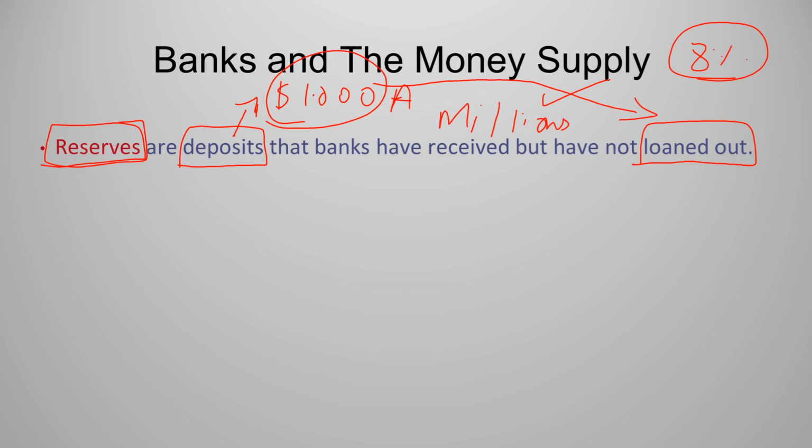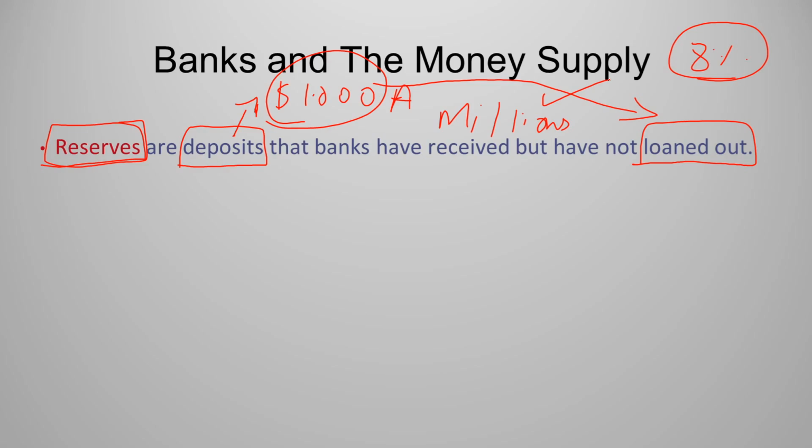But what will happen to the customers? The bank will not have enough money to give out to its customers when they come to get their money back. If the bank gives out all of its money in loans to different people, and you go to take your $1,000 back, the bank will not have those $1,000.